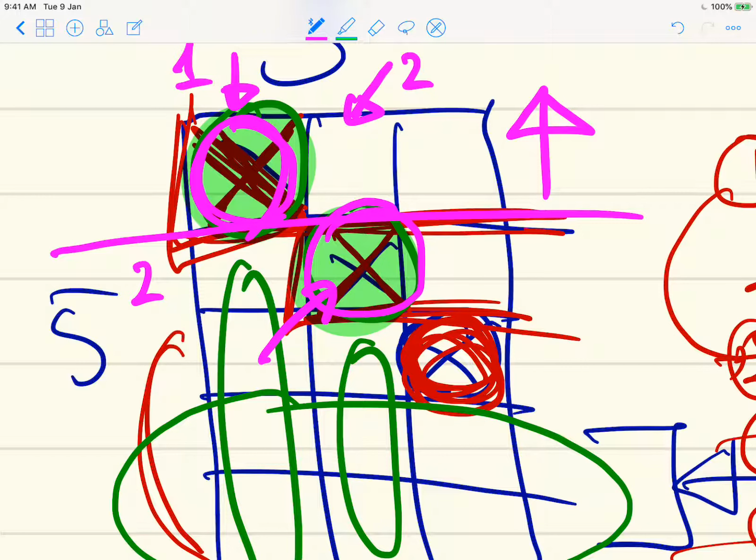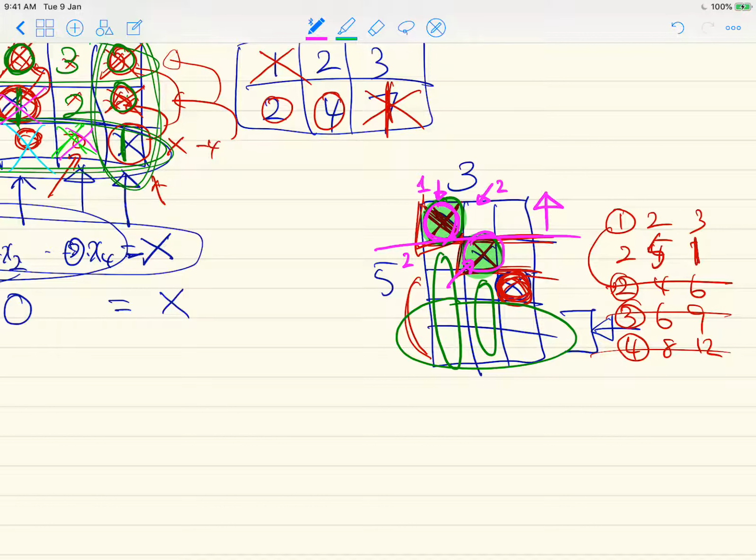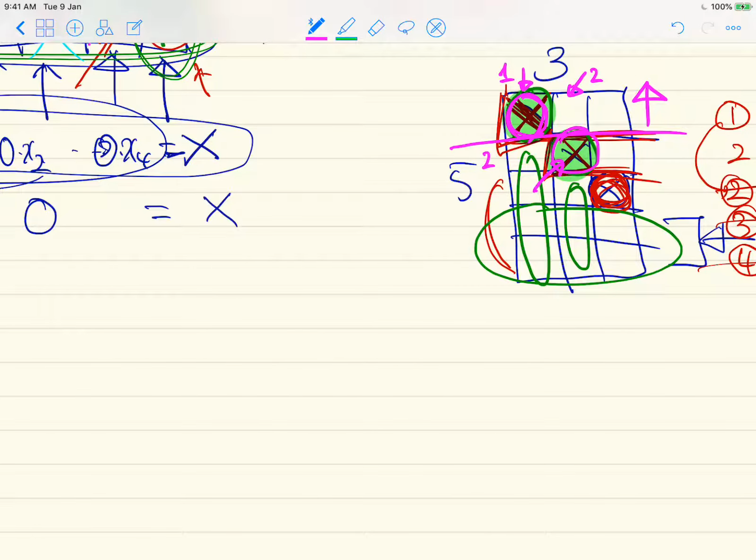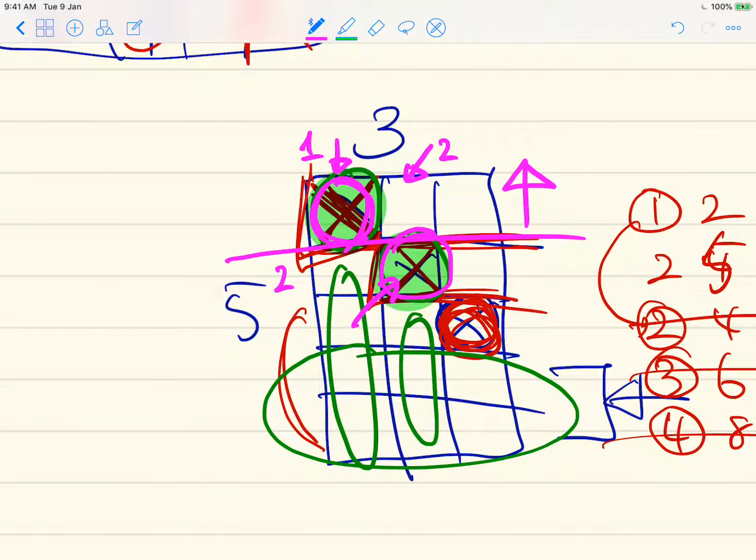Okay, and then we discussed whether there are any cases that satisfy only one of these conditions but not the other.